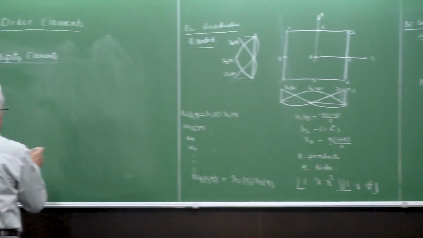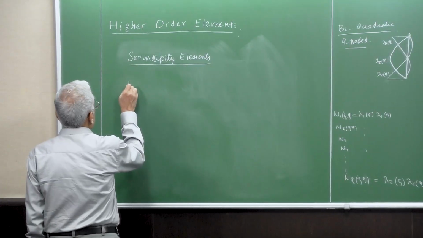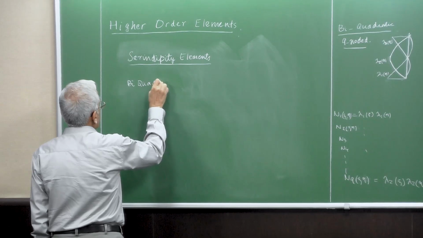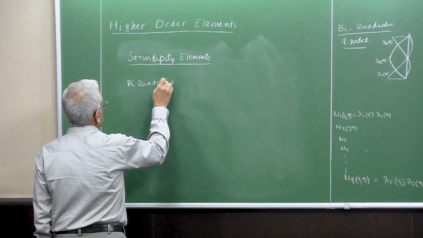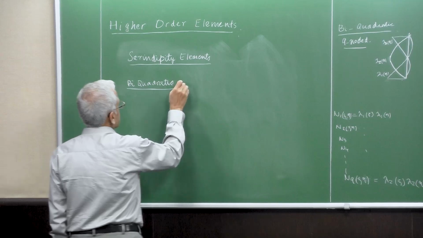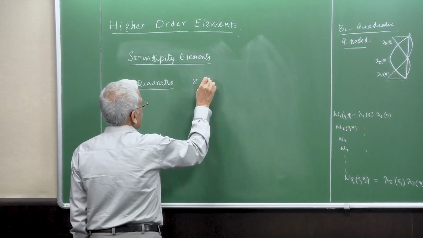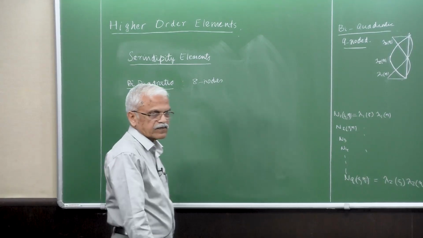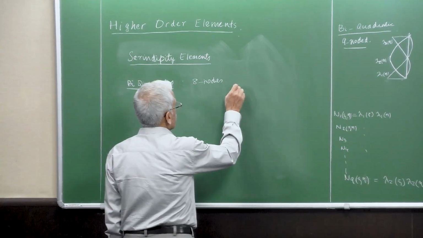So this starts coming from biquadratic. This has only 8 nodes. Biquadratic Lagrangian has 9 nodes. So what do we mean by this?